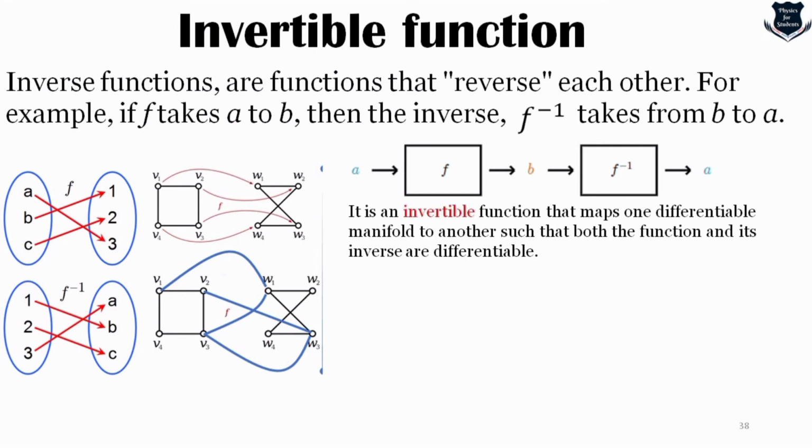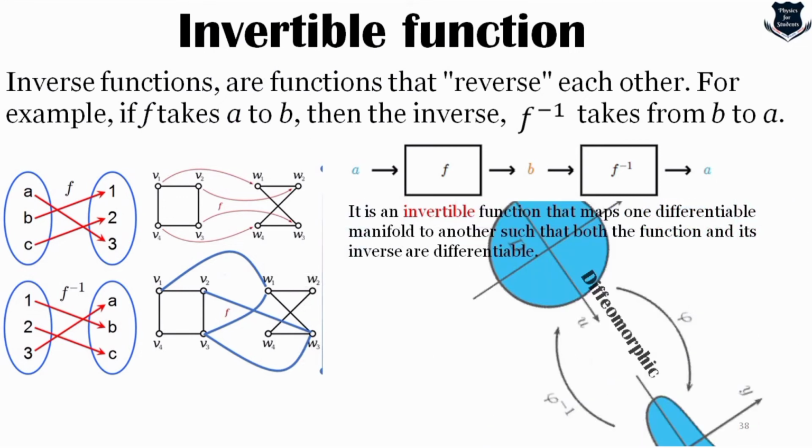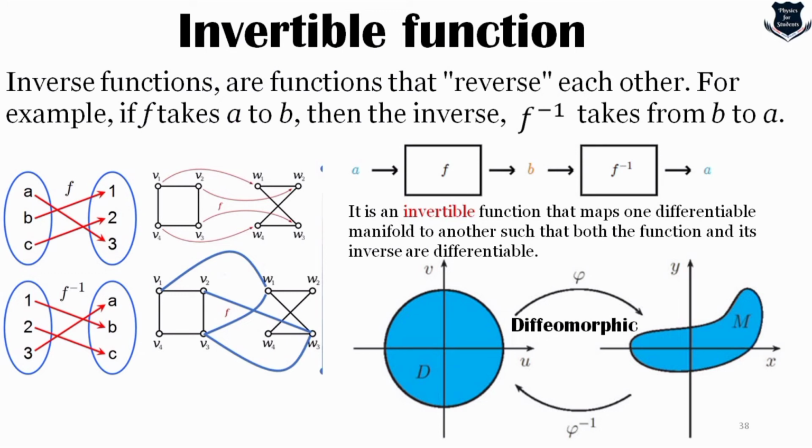So it is an invertible function that maps one differential manifold to another such that both the functions and their inverses are differentiable. For example, if I take this kind of a figure, you can see the phi over there, the psi. So this is diffeomorphic. Why? Because here the line goes from this to this, and here the line returns from this to this.